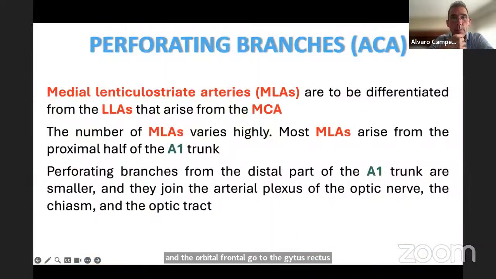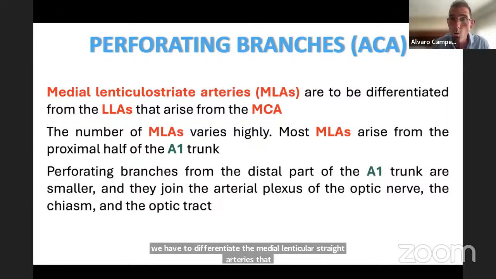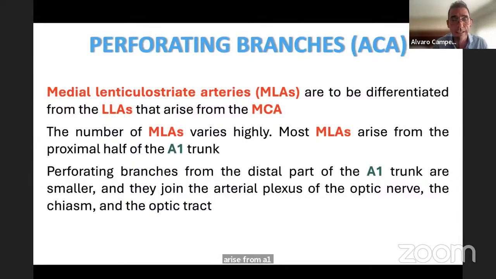What about the perforating branches of the anterior cerebral artery? More than the recurrent artery, we have the medial lenticulostriate arteries, and we have to differentiate the medial lenticulostriate arteries that arise from A1 from the lateral lenticulostriate arteries that arise from the middle cerebral artery.